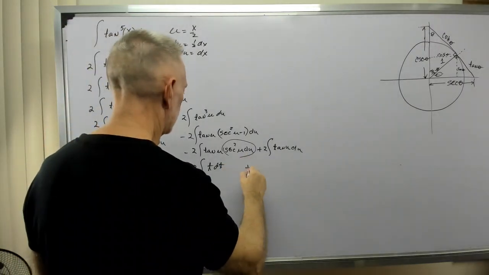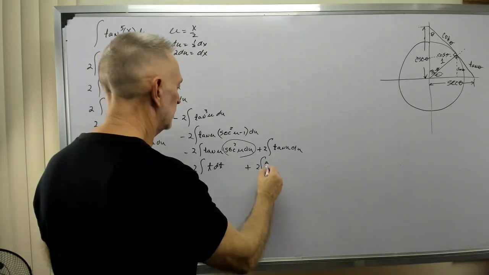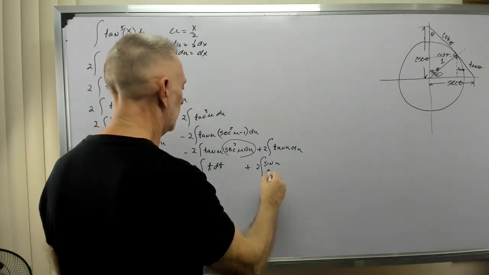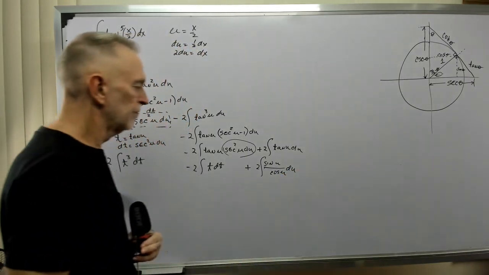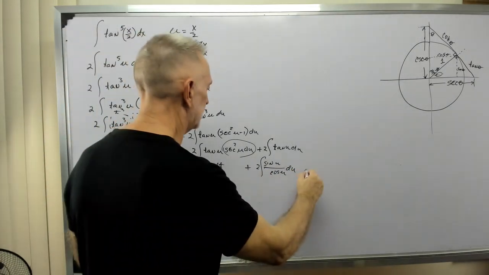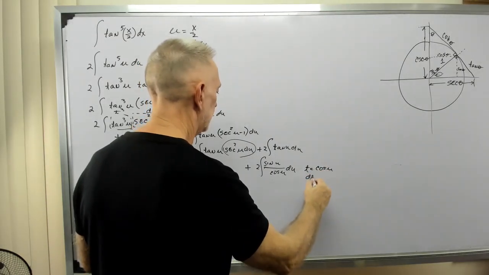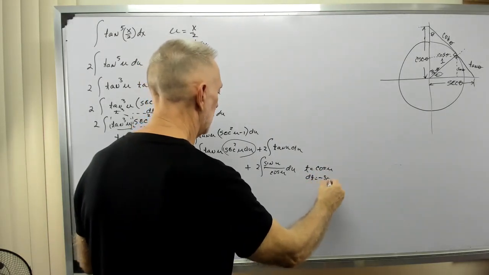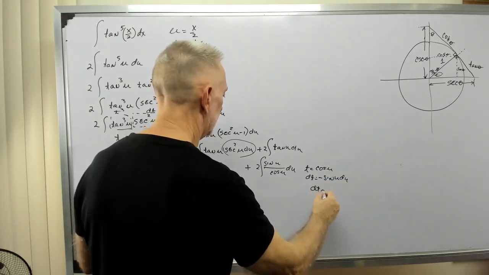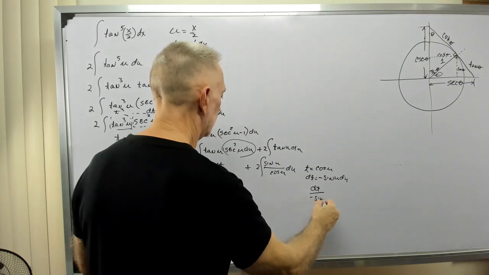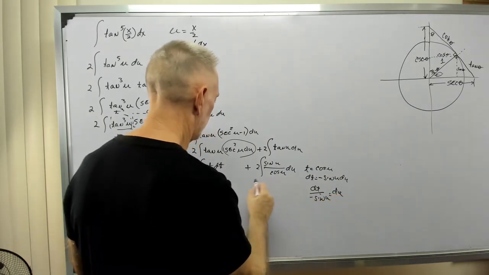Now what do I have in this case? I have plus 2 tangent is sine u over cosine u du. So let's let t equal cosine u. dt equals minus sine u du. So dt over minus sine u equals du.